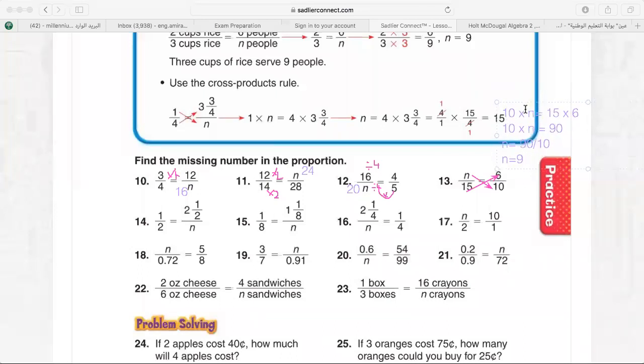You hear me, girls? Any number next to n, I will divide it by the product. I will write it here. Any number that is next to n, I will divide it by the product on the other side.